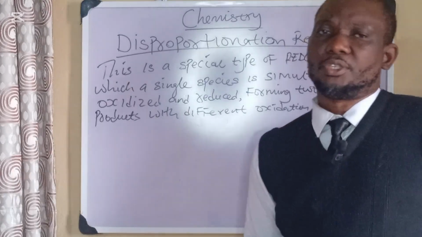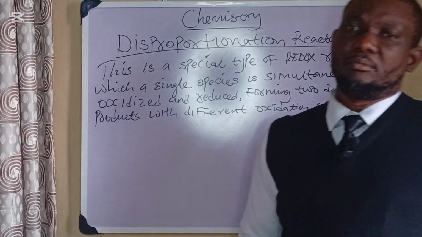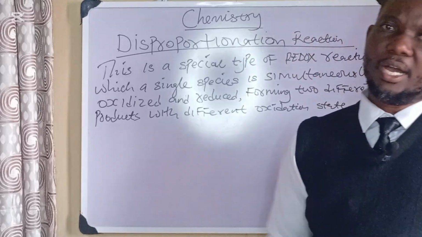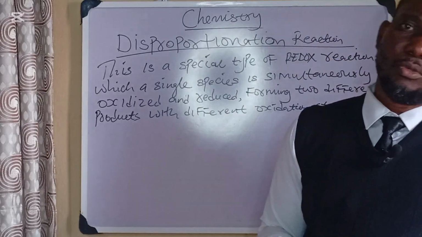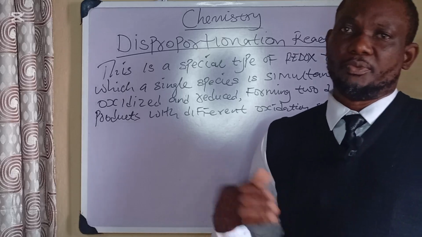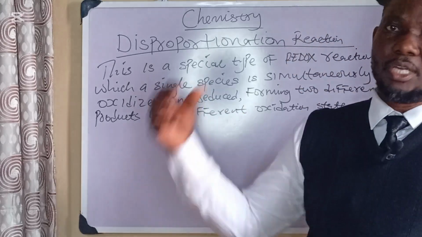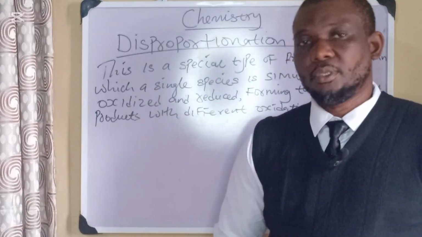So we're going to be looking at equations that are often referred to as disproportionation. And then, in that reaction, I will try to find out the species that undergoes disproportionation.